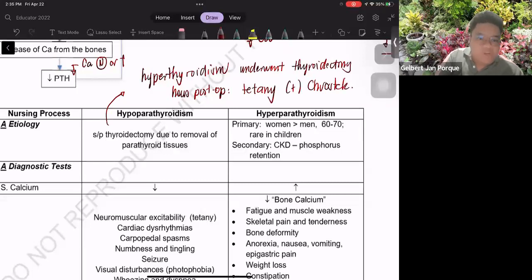What complication will you be looking at? The best answer will be hypocalcemia secondary to hypoparathyroidism.